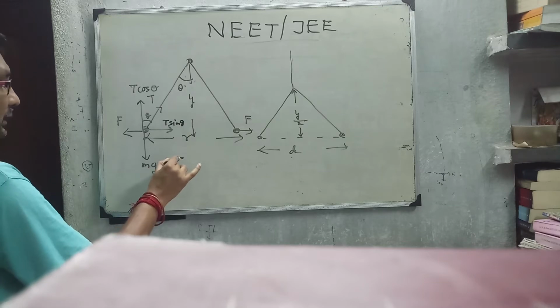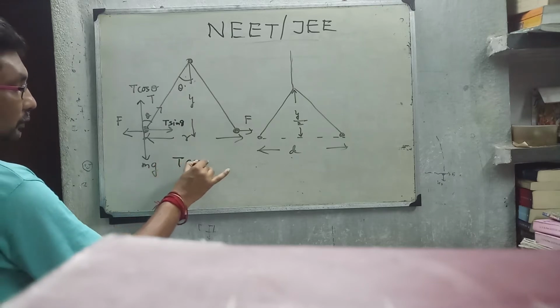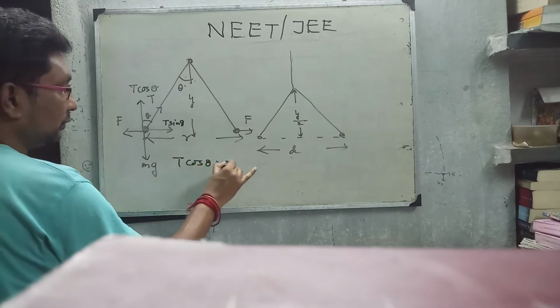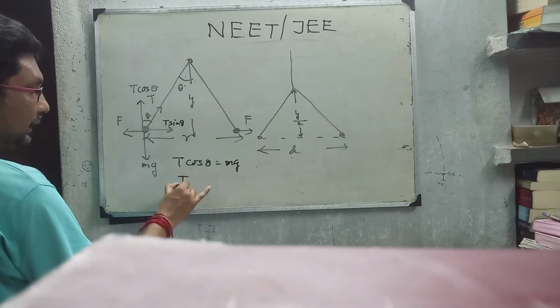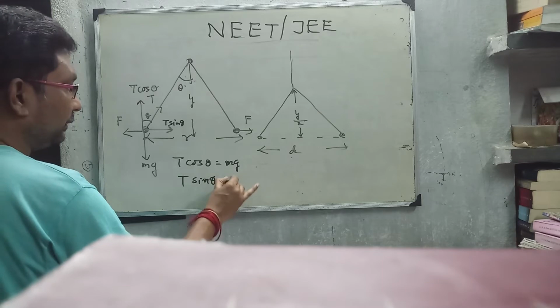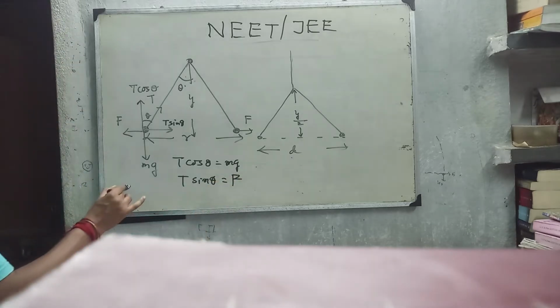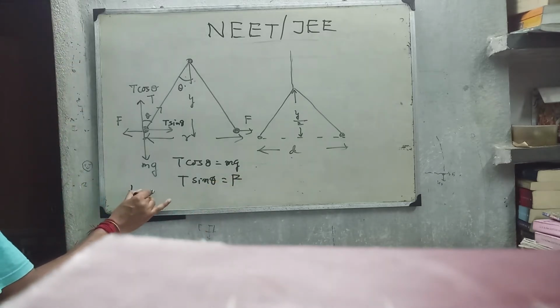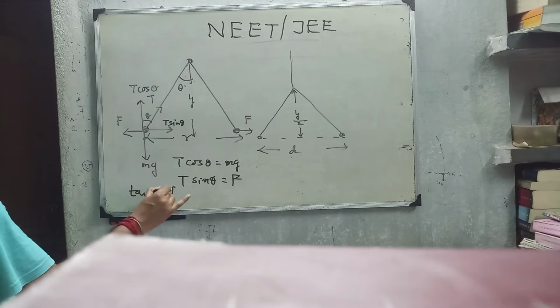T cos theta equals mg, and T sin theta equals F, the repulsive force. That is, tan theta equals F by mg.